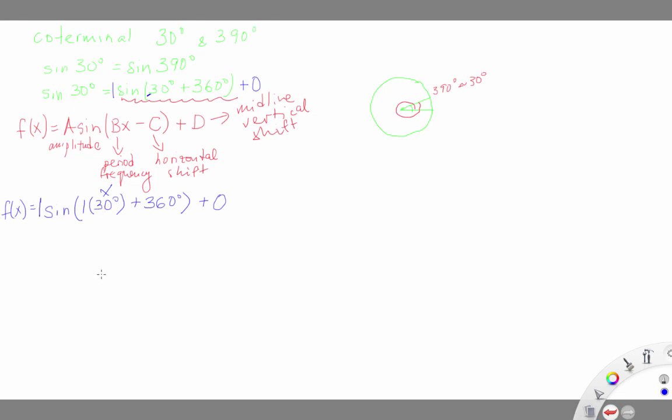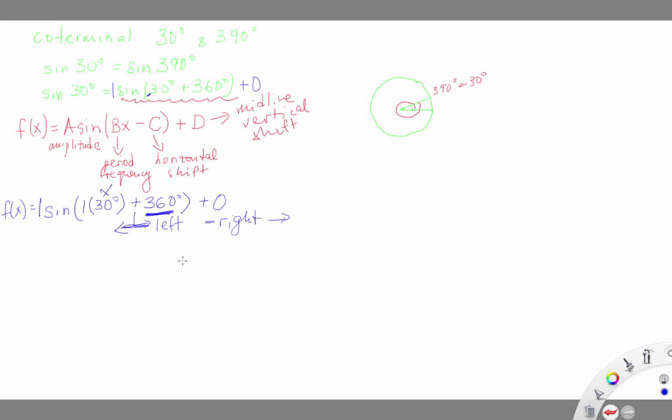What is cool about that is that this 360 degrees shifts the function left or right. In this case, because we have a plus, we're going to shift left. If you remember, plus shifts to the left, and minus shifts to the right.